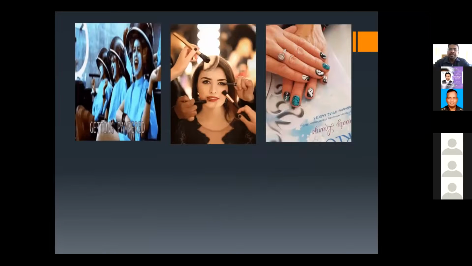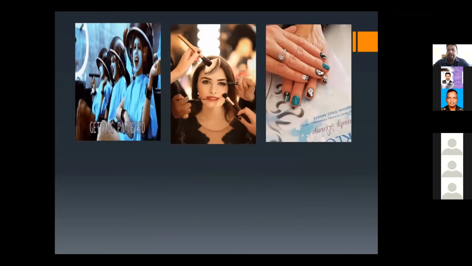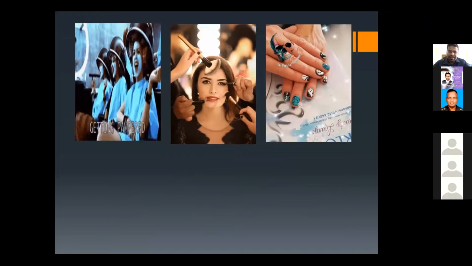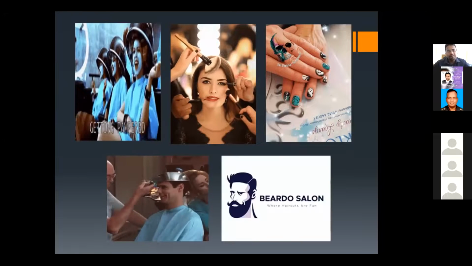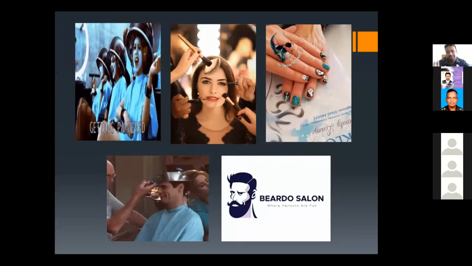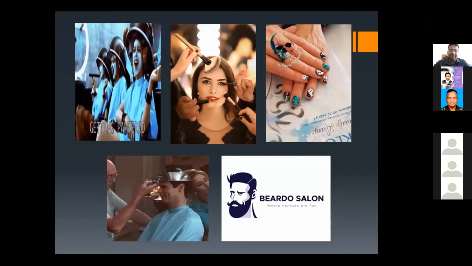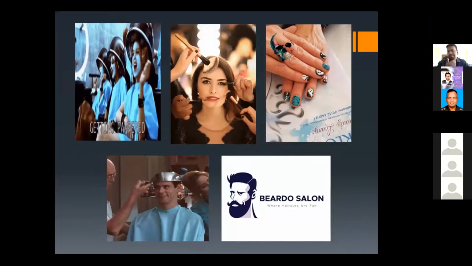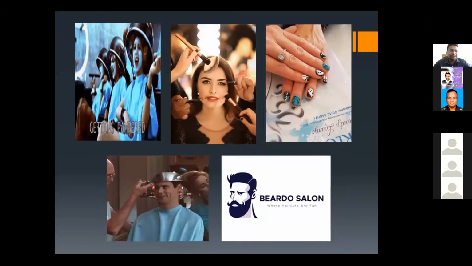Nowadays, ladies spend a lot of money and hours in beauty parlors to look beautiful, right? Even men are not behind. They have their specific salons, Beardo and all, and they spend a lot of time and a lot of money to shape up their beard and all, right?